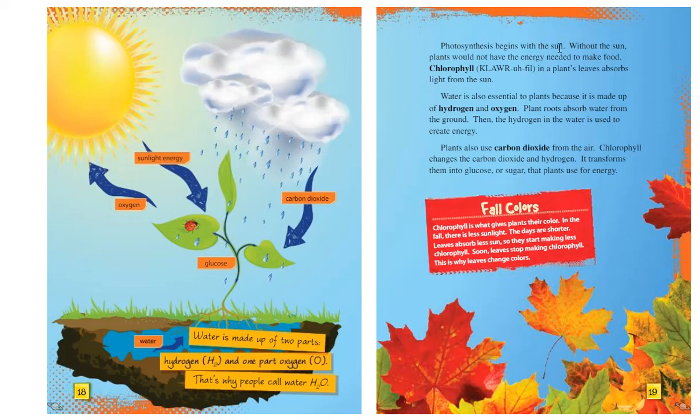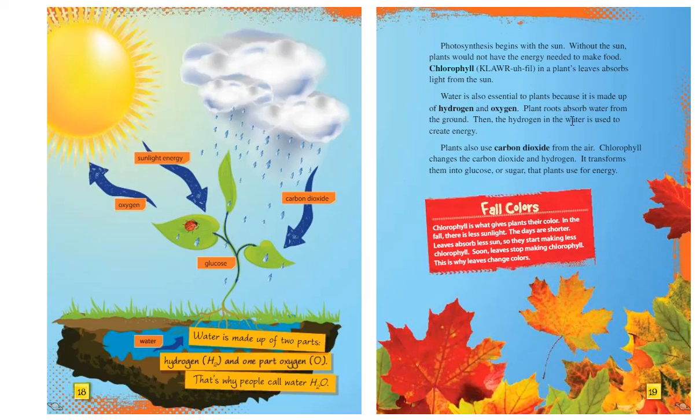So how does this photosynthesis work? Photosynthesis begins with the sun. Without the sun, plants would not have the energy needed to make food. Chlorophyll, there's a good word to know, chlorophyll in a plant's leaves absorbs light from the sun. So anytime you have a plant, if you open up those leaves, you can see chlorophyll inside. Water is also essential to plants because it is made of hydrogen and oxygen. Plant roots absorb water from the ground.